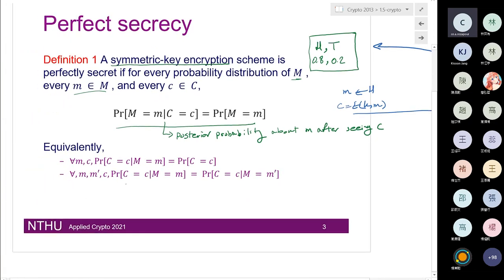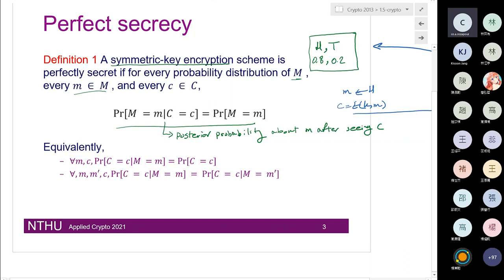Given this posterior notation, we can also argue that this equation is actually equal to just saying that, given that I'm encrypting this message, the adversary cannot learn anything from seeing this ciphertext by predicting what the ciphertext for this message could be.